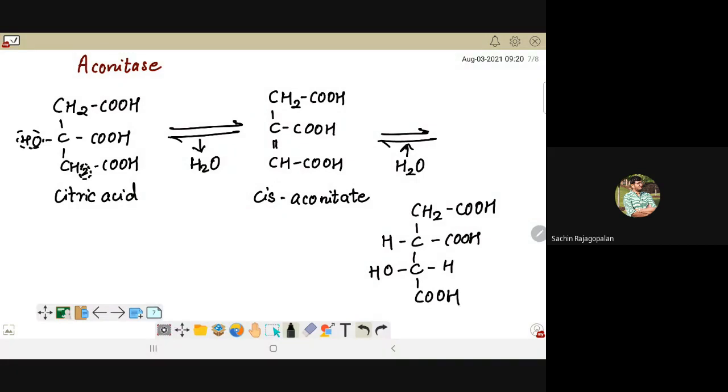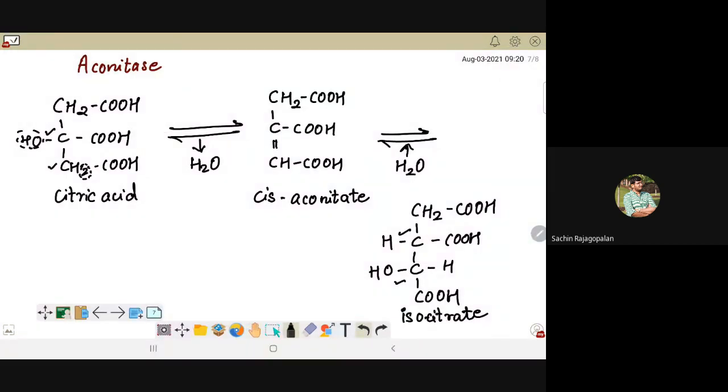So you can see earlier it was exactly the opposite. I had the hydroxyl group here and hydrogen over here. Now I've shifted it. Now I have a hydrogen over here, hydroxyl group over here. Right? So this is the isomeric form of citrate, which I call isocitrate.